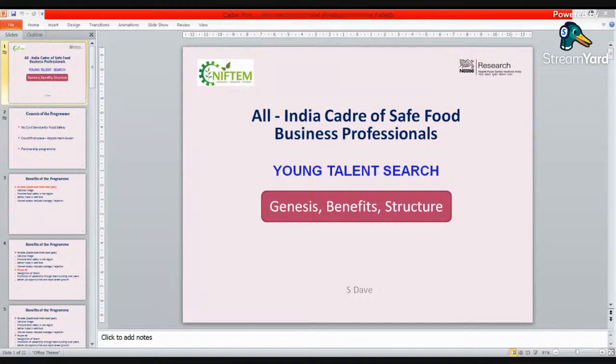But there are several other colleges in the country, at least 150 colleges that I know, where food technology education is given, food science education is given, nutrition education is given. In remote areas, let us say Assam, Madhya Pradesh, Punjab, Kerala, Tamil Nadu, why don't they visit these places?